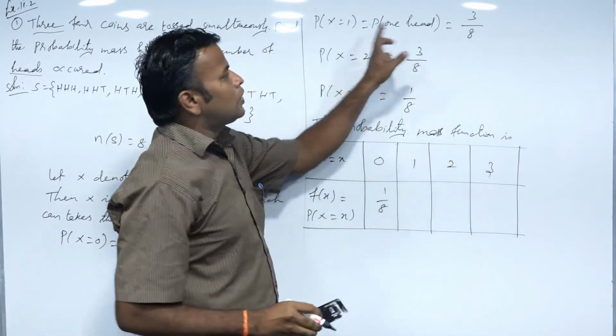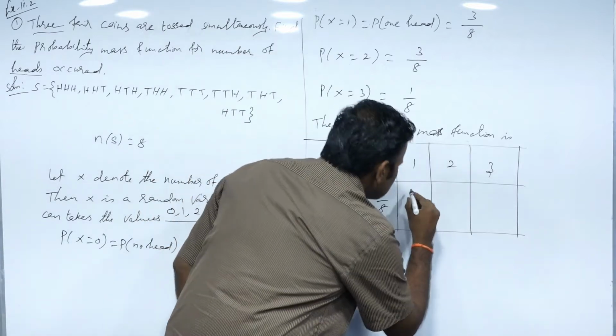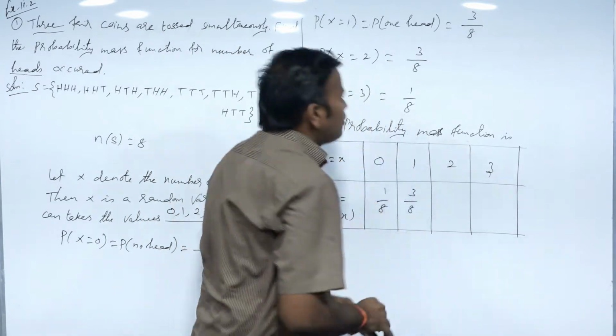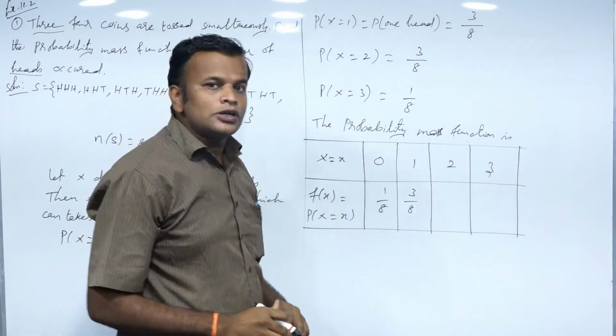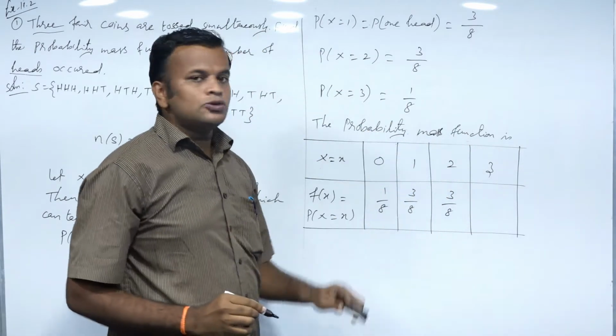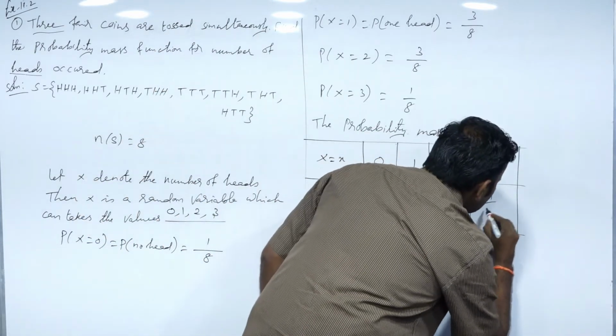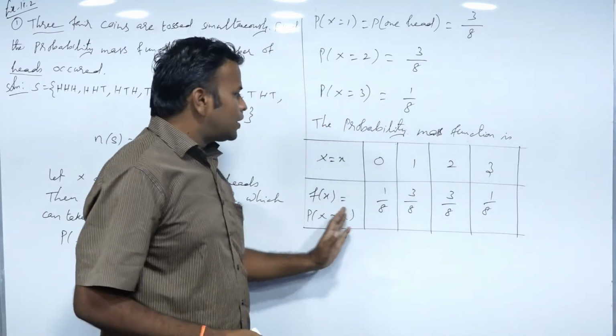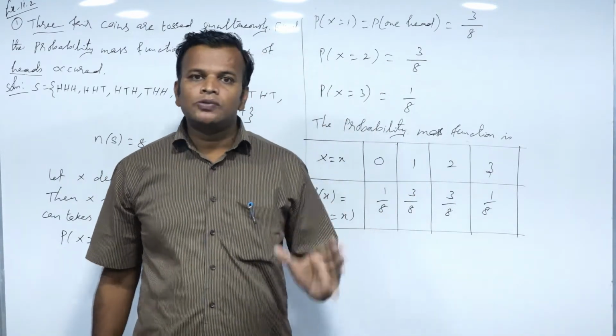When X is equal to 1, the probability value is 3 by 8. When X is equal to 2, the probability value is also 3 by 8. Again, when X is equal to 3, the probability value is 1 by 8. So all this is called the probability mass function.